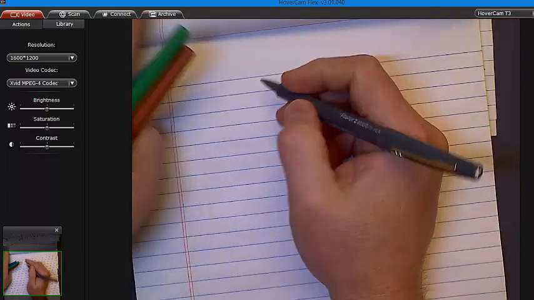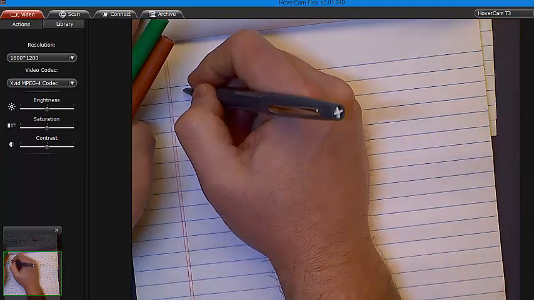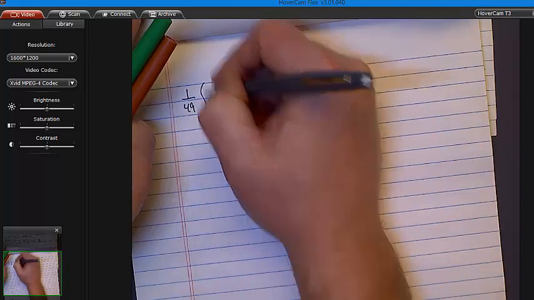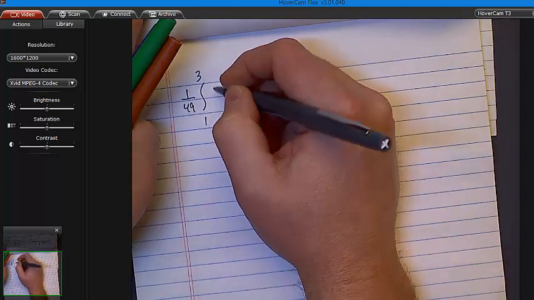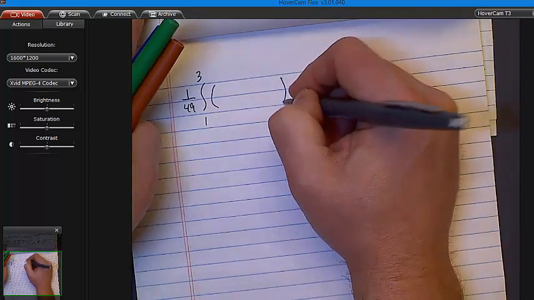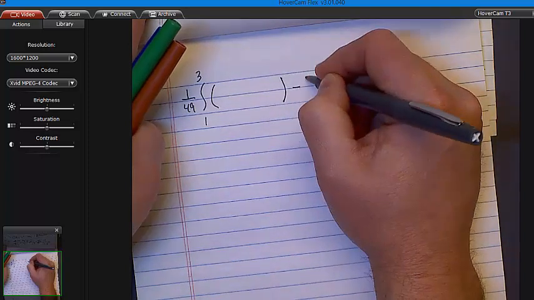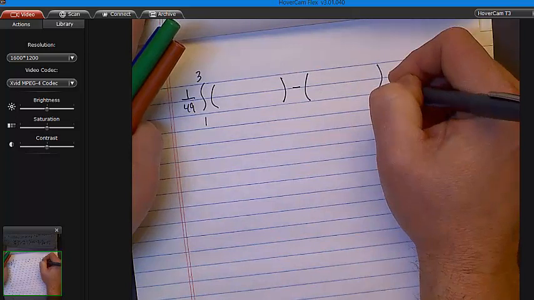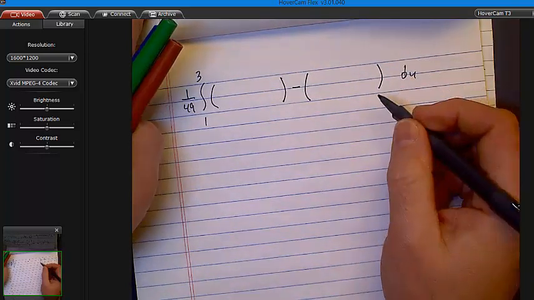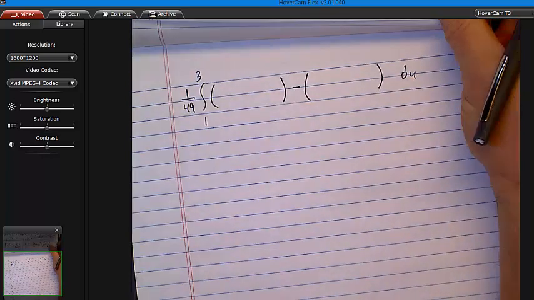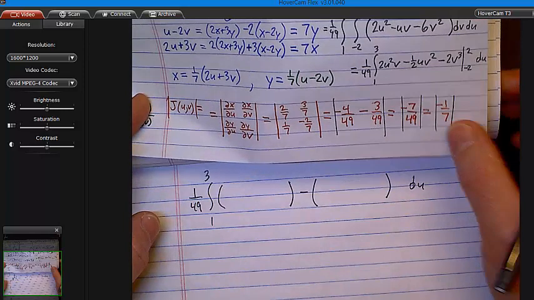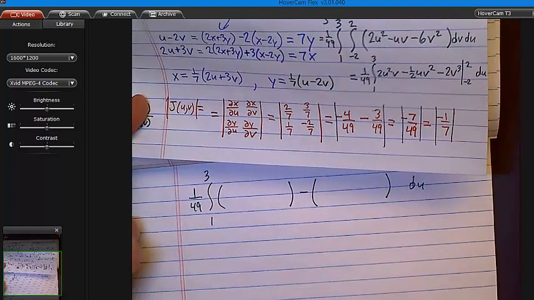So I just had, again, 1/49, integral 1 to 3, and I had all this stuff. So I will plug in my positive 2 and then subtract what I get when I plug in my negative 2, and then I'll integrate du at the end. So when I plug in the positive 2, and again, let me just show you my expression I'm dealing with. It's right up there in gray on the right, so you can follow along.